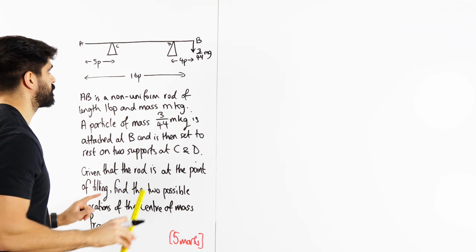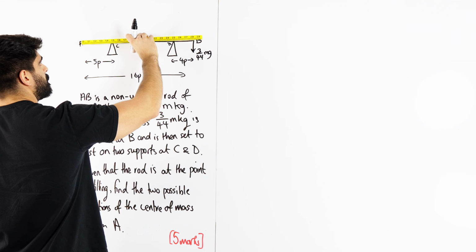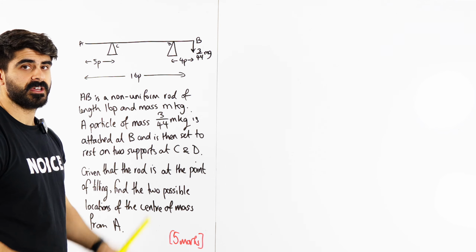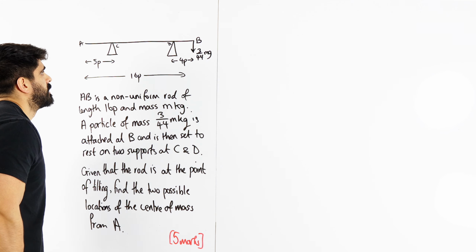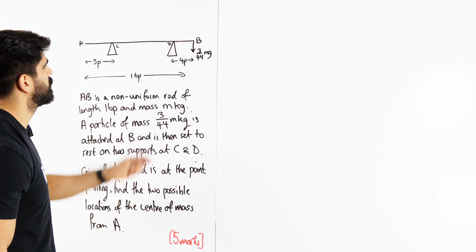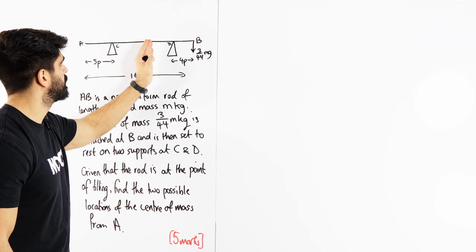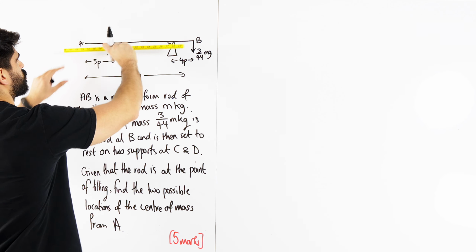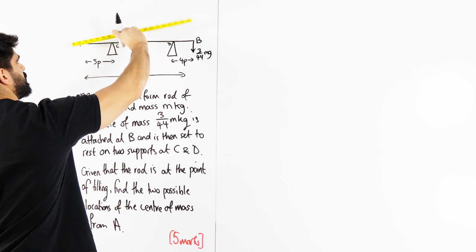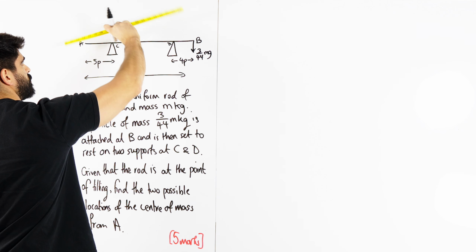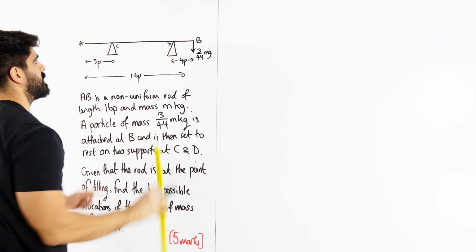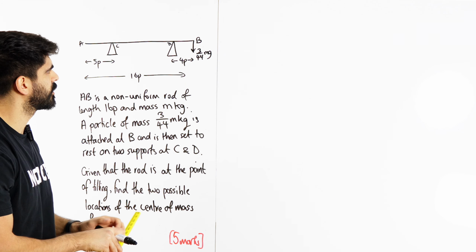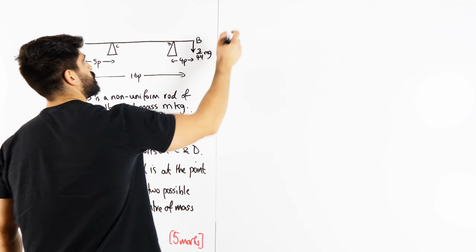Okay, it's at the point of tilting, meaning it's still horizontal, but it's just about to start leaving that pivot at C. But then there's the other case where this center of mass, which we don't know where it is, might be in such a place that the 3/44 is not strong enough against the rod wanting to do this. So either it's going to do this or do this. And in either case, the contact force with one of the pivots is going to be 0. Okay, so let's draw both situations.